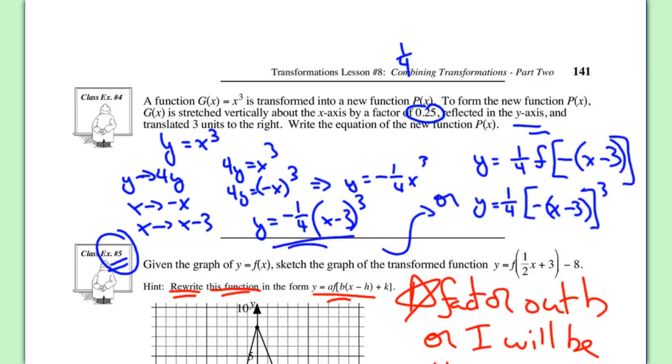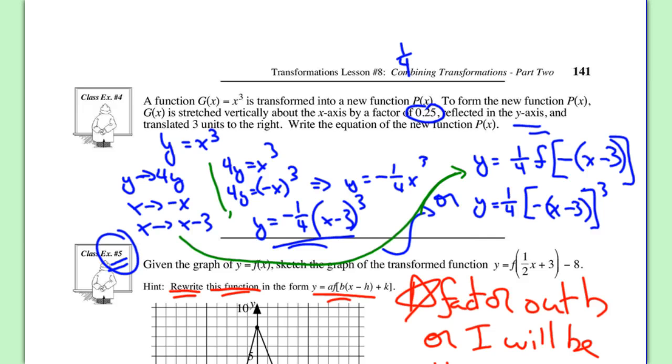Okay, I didn't want to over-explain this, but on the side here I wanted to remind you, if we just look at function notation and we ponder what we said over here, really this is saying there should be a quarter on the outside of f, and then f at minus x minus 3. And you might say, well, I don't like the way this looks, because when we did it this way, you have a negative on the outside, and I thought that the negative should be on the inside.